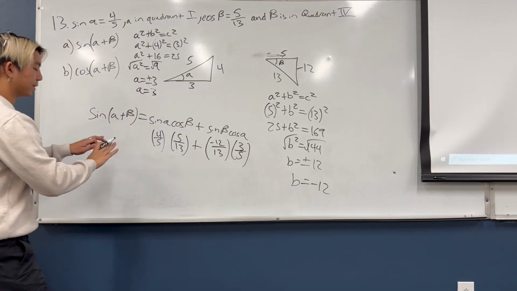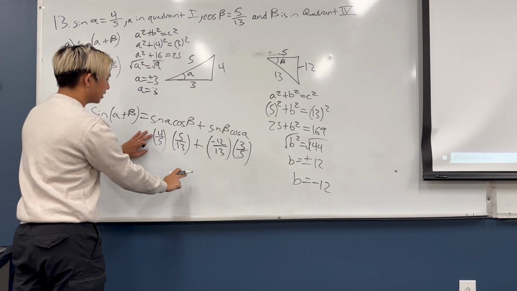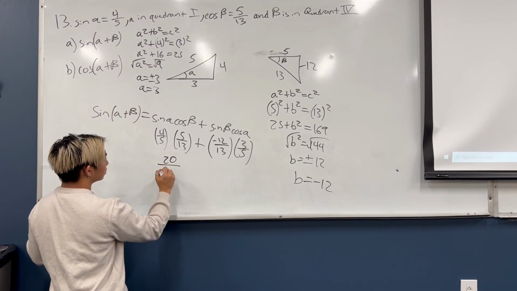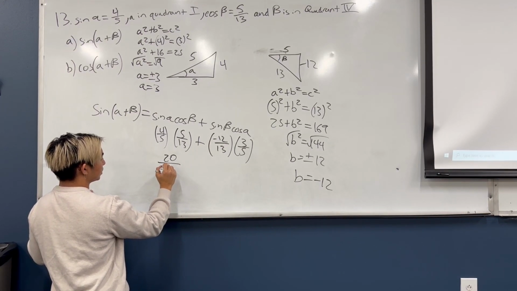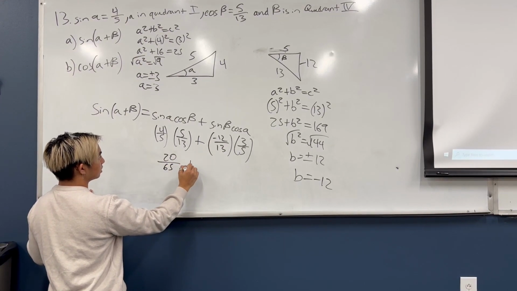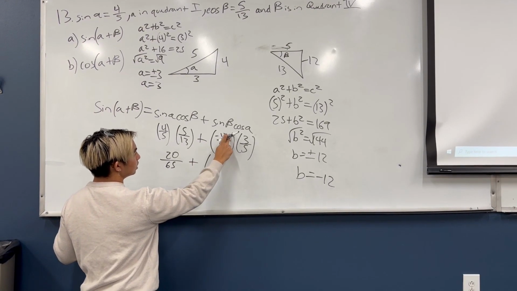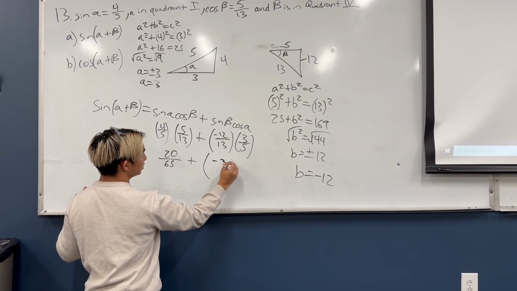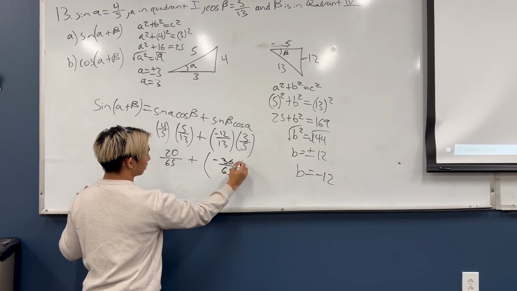And now we just multiply across. So we have 4 over 5 times 5 over 13, right? This becomes 20 over, what is that, 65, right? And then plus, and I see a negative here, so I'm going to do parentheses here. So 12 times 3 is what? 36, right? So negative 36 over 13 times 5, 65.